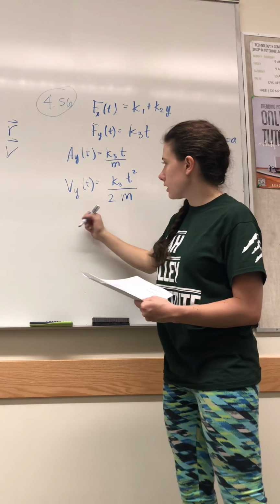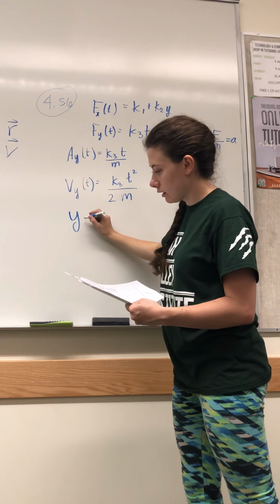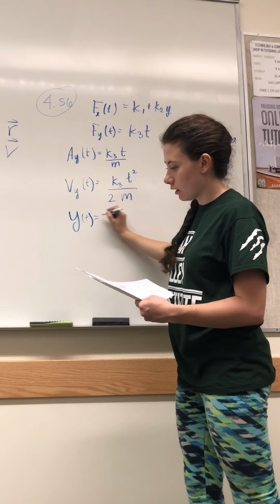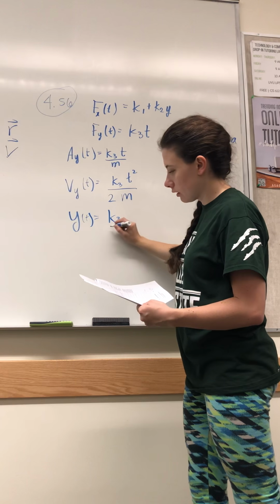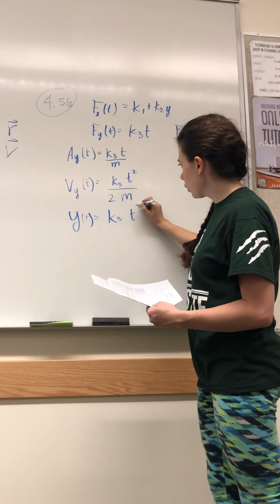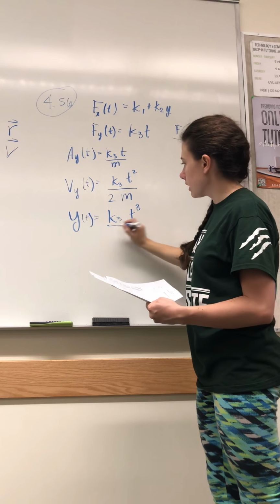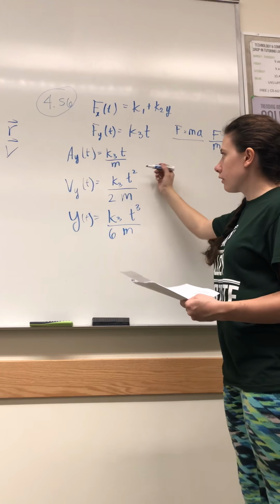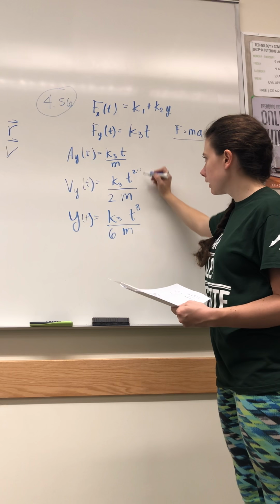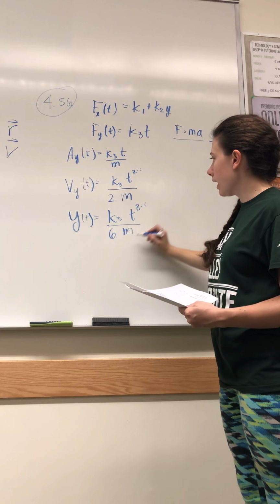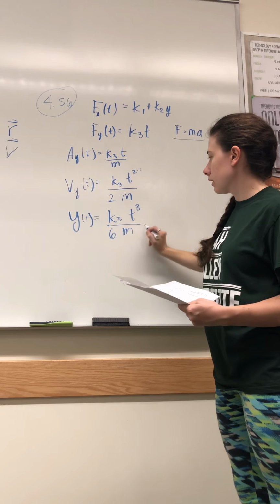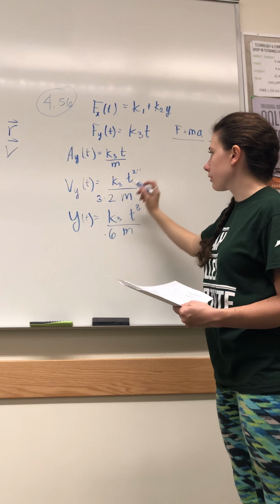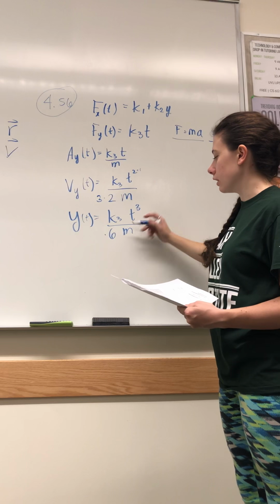And to get the position of y with respect to t, we get k3 times t cubed divided by 6m. Because when you take the integral, you add 1 here, and you divide by the 3. So that was how we got from velocity to position.